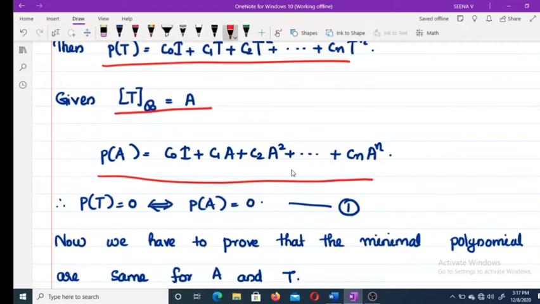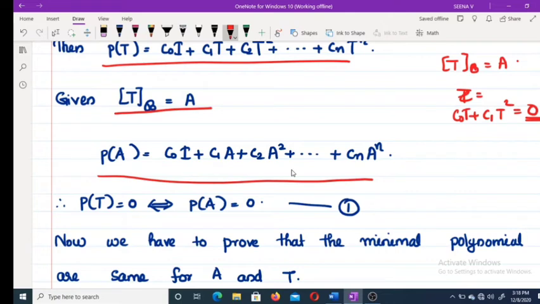How? Suppose the matrix of T relative to some ordered basis B is A, and suppose c0 T plus c1 T squared is equal to 0. This is the zero linear operator.